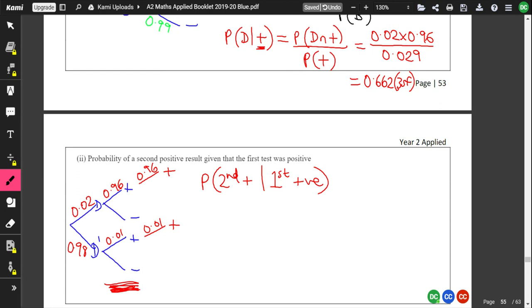Well, if the person was diseased, then each time they take the test, there's a 96% chance of a positive result. If they did not have the disease, each time they take the test, there's a 1% chance of a positive result. So I want the probability that the second test was positive, given that we know the first one was definitely positive as well.